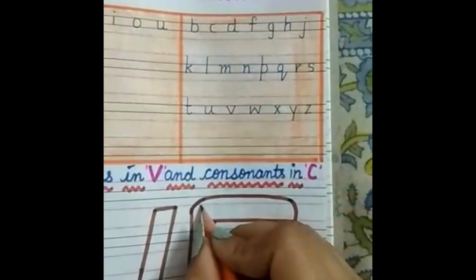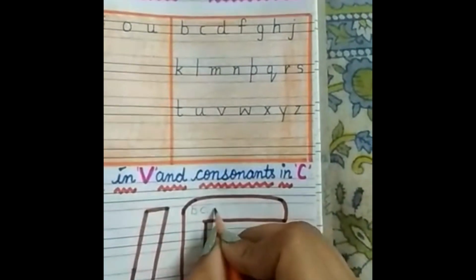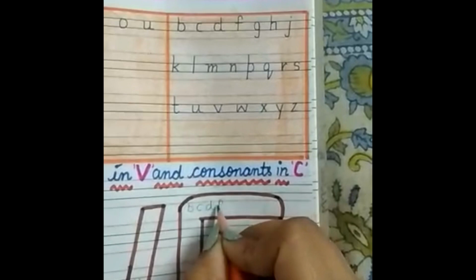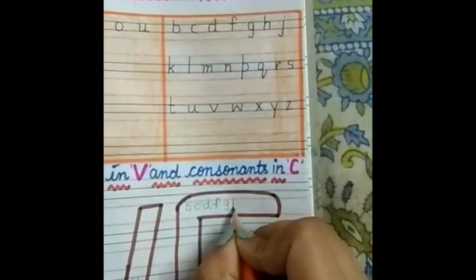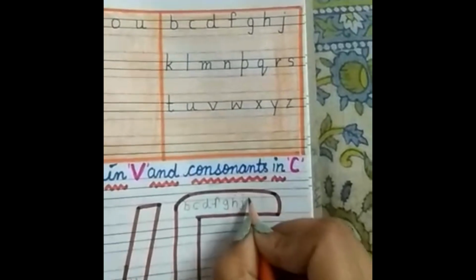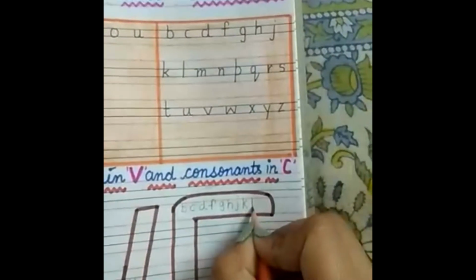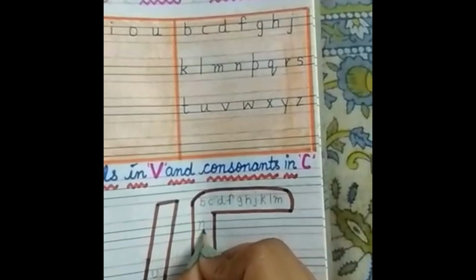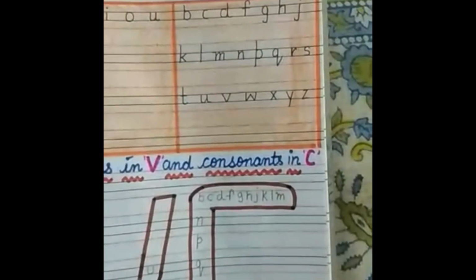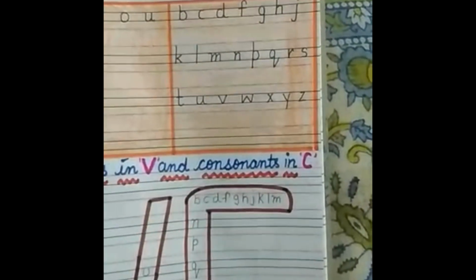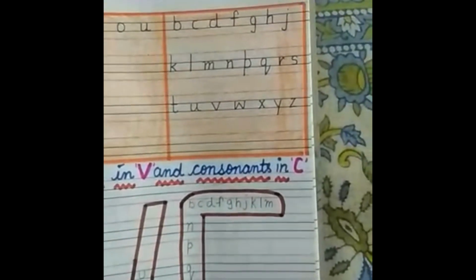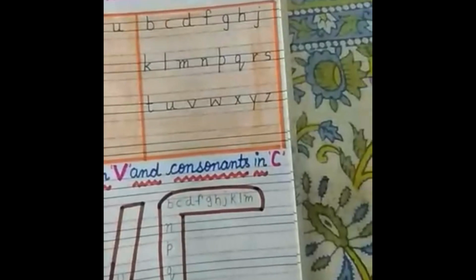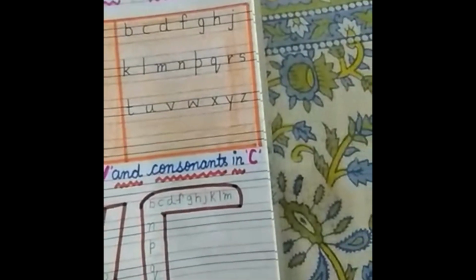Okay. We have to write consonants in here. Consonants: B, C, D, F, G, H, J, K, L, M, N, P, Q, R, S, T, V, W, X, Y, Z. So students, you have to write like this.